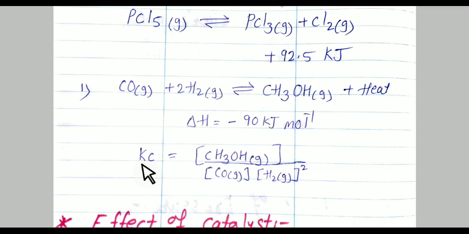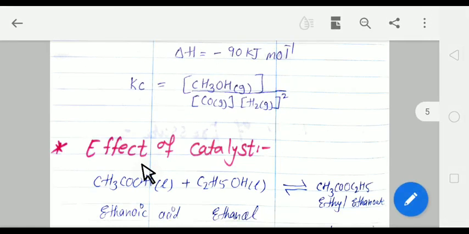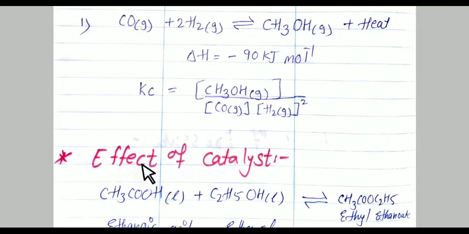Now, the next effect is the effect of catalyst. We consider here the esterification reaction. Student, you know what a catalyst is actually? A catalyst increases the rate of reaction. Now consider the esterification reaction.